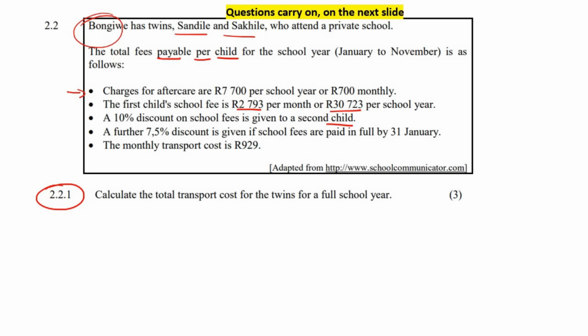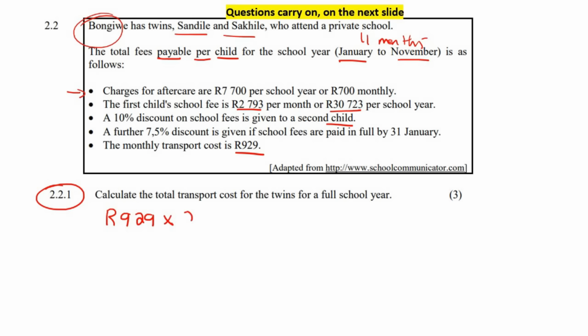So, first question, calculate the total transport costs for the twins for a full school year. Now it's January to November, hey? It's not 12 months that you're at school. It's only going to be 11 months, okay? So we're going to say 11 months. So calculate the transport costs. Well, it's 929 Rand per child, 929 per child.